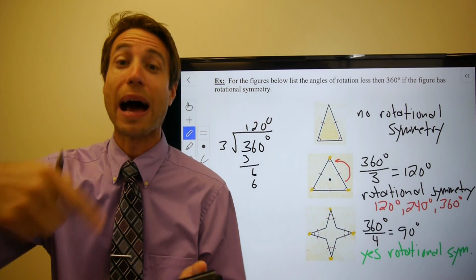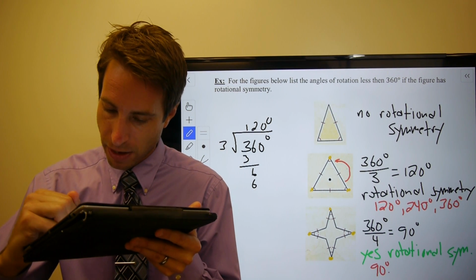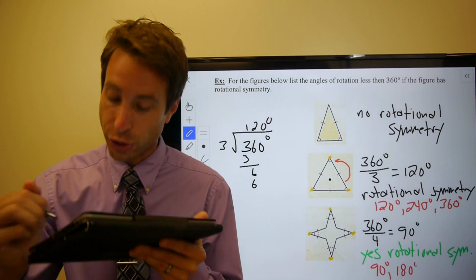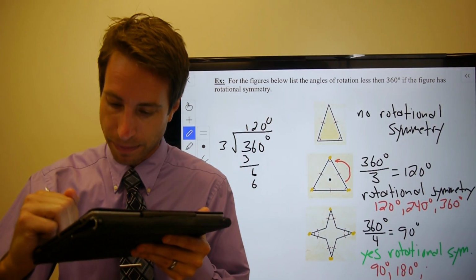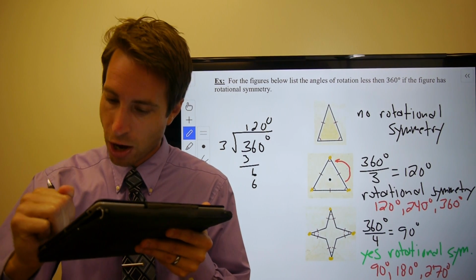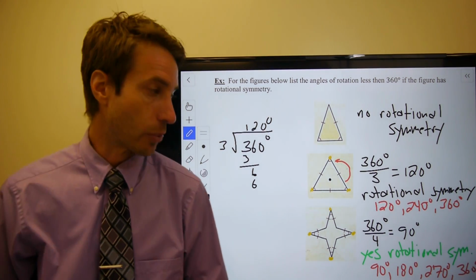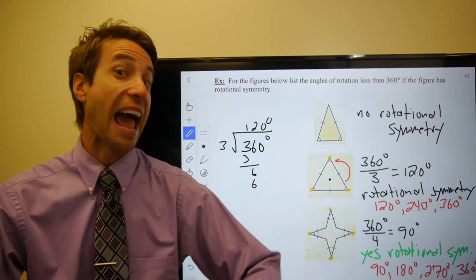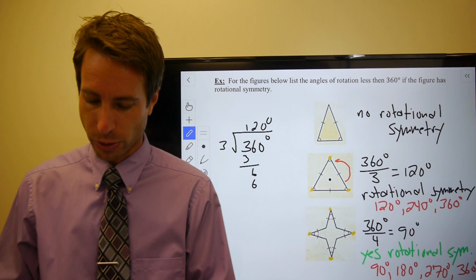And that rotational symmetry is going to be at 90 degrees. 180 degrees, that's 90 plus 90. 180 plus 90, 270. All the way back around to the original would be 360. Generally, we don't put 360 though because that's kind of cheating. Every object rotated 360 degrees maps right back to itself.